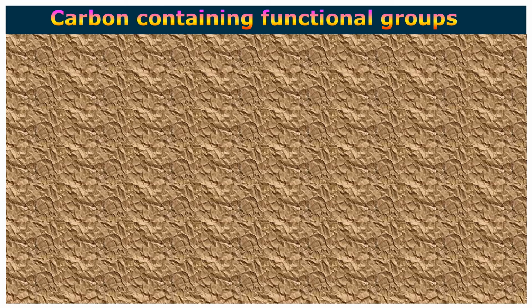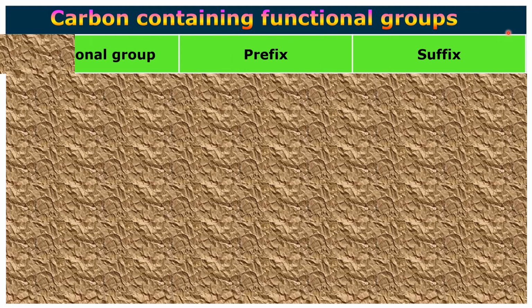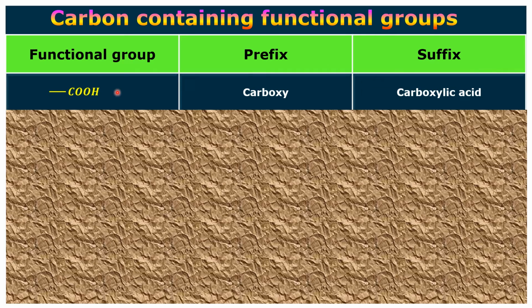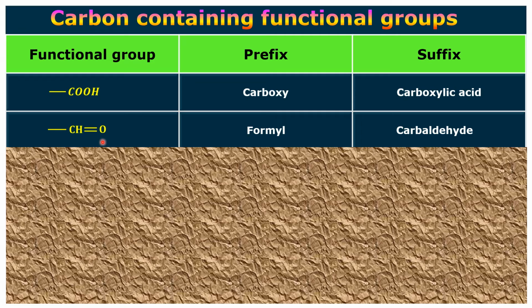Here you can see the prefix and suffix names of the carbon containing functional groups. Functional group name, prefix and suffix. COOH: when it is used as a substituent, the prefix name is carboxy, and when it is the main functional group, the suffix name is carboxylic acid. CHO functional group: the prefix name is formyl, the suffix name is carbaldehyde.